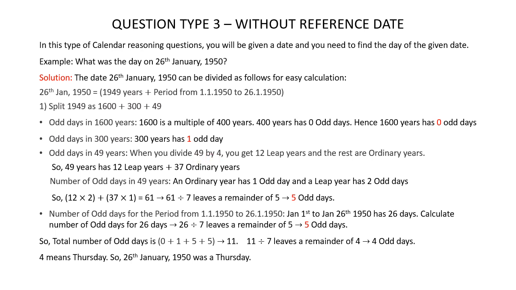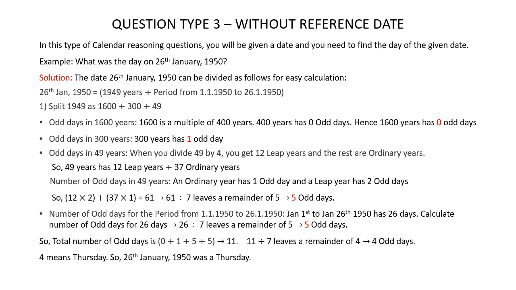The quotient gives the number of leap years. Dividing 49 by 4, you get the quotient 12, which means there are 12 leap years in 49 years, and the remaining years are ordinary years. So 49 years has 12 leap years plus 37 ordinary years.